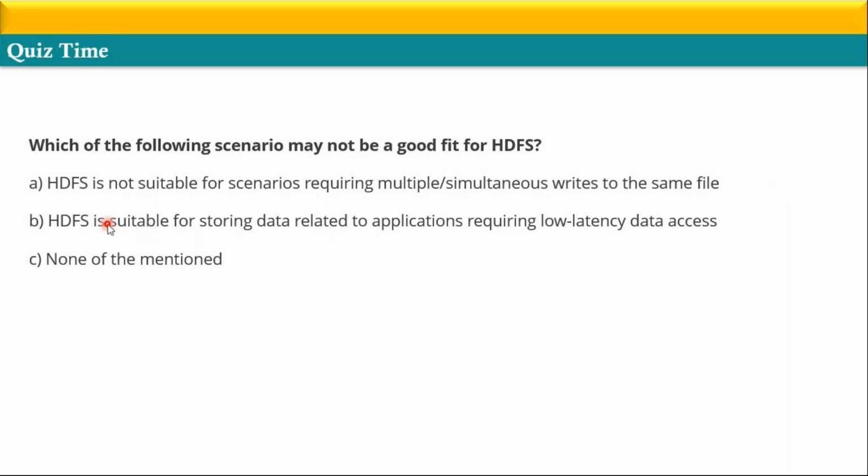Try to go below and see which statement is a good fit for HDFS. So A is the good fit for HDFS, meaning A is the correct answer. And B says HDFS is suitable for storing data for applications requiring low latency data access.